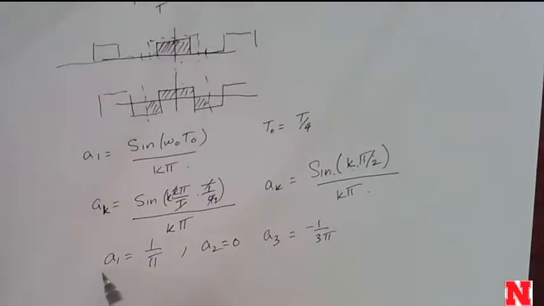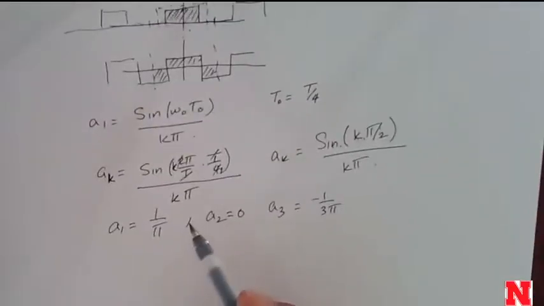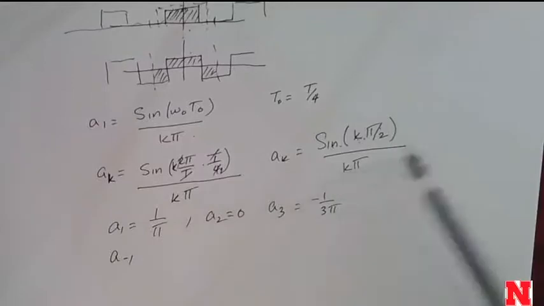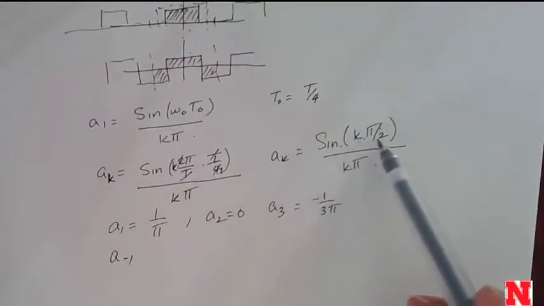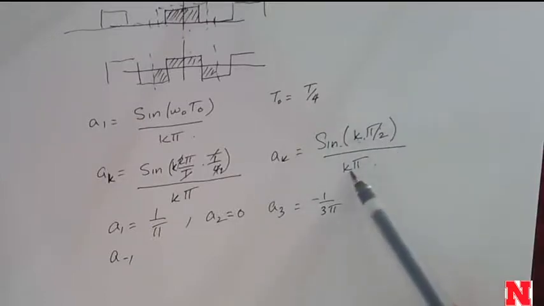If you go the other way, remember that this summation is from minus infinity to infinity. So what about the negative subscripted coefficients? A sub minus 1 is equal to sine of minus pi over 2. Sine of minus pi over 2 is minus 1 divided by minus pi.